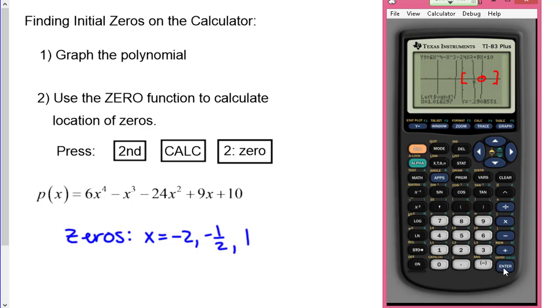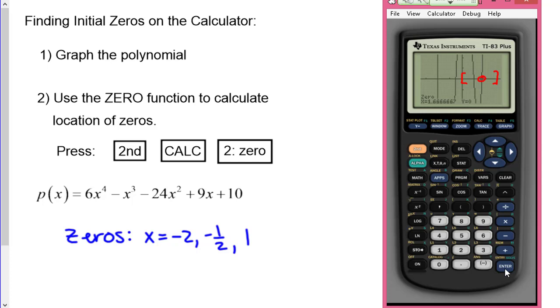So left bound is 0, right bound of 3. And my initial guess, I'm going to give it an initial guess that's close to that value. So I'm going to give it, say, 1.5. I feel like that's close to that number. So it calculates, and it does find the one closest to 1.5.